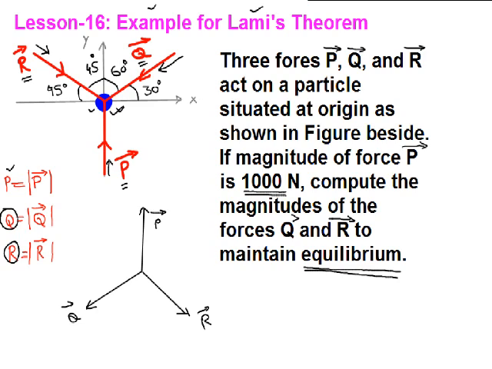This can be very easily achieved. For example, you can move the point of application of P, which is here, and move it to somewhere here, so that P would be acting upwards, and say this is P bar to be specific. Similarly, move the point of application of Q so that Q appears like this.